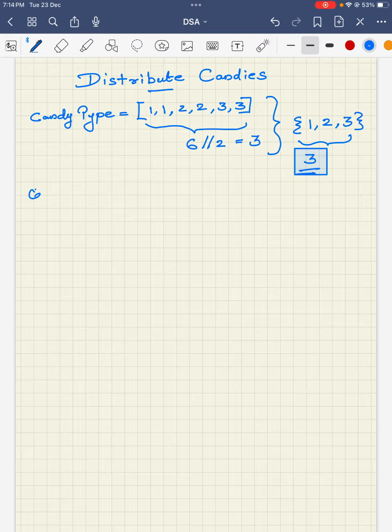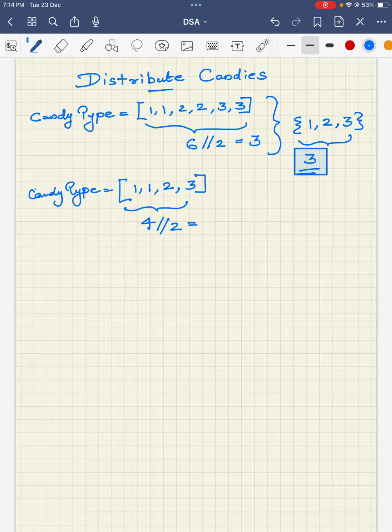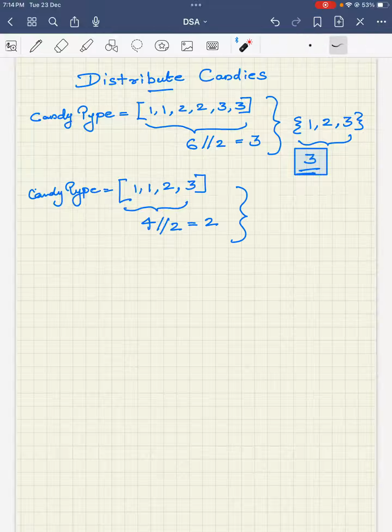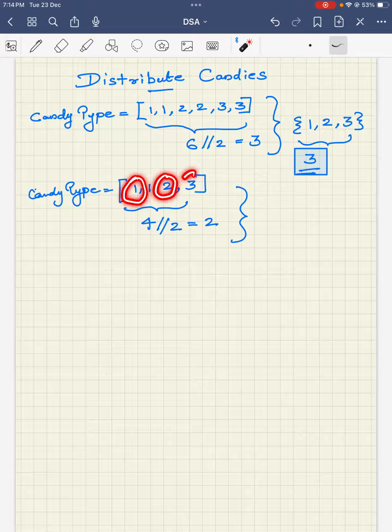If the candy type is given as 1, 1, 2, 3, here you can see the number of candies is 4. As per the suggestion, you can have a maximum of 2 candies. But there are 3 different types of candies.